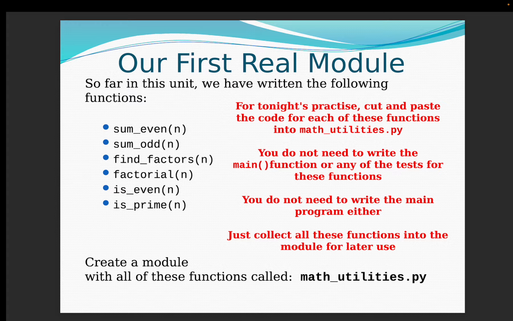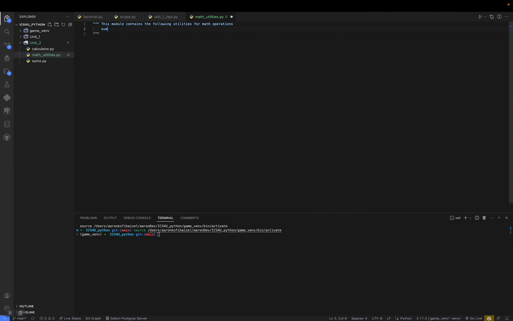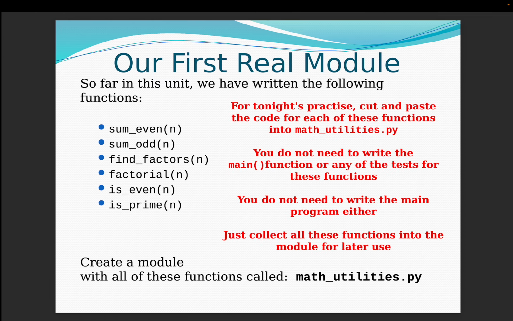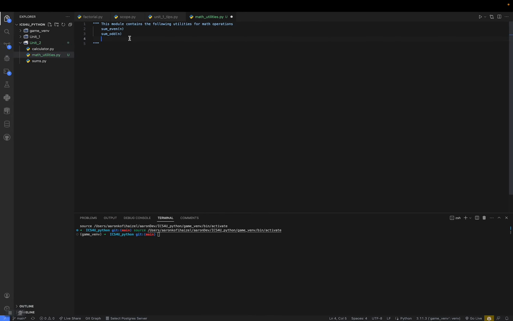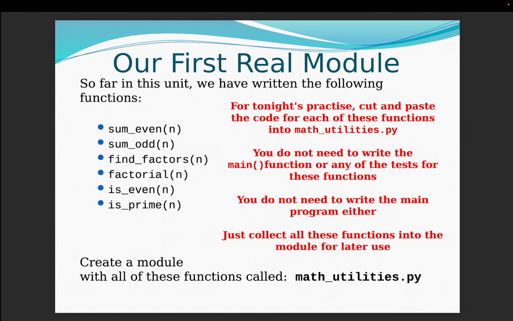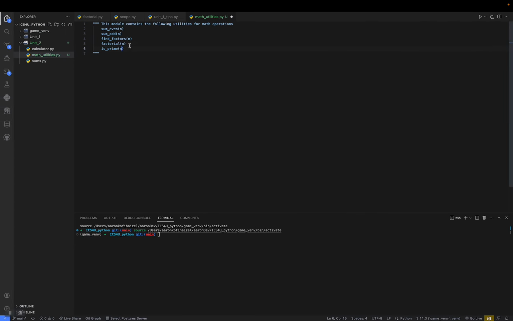I don't want to number it, I just want to keep it simple. Sum even, sum odd, find factors, factorial, and is prime, is even.